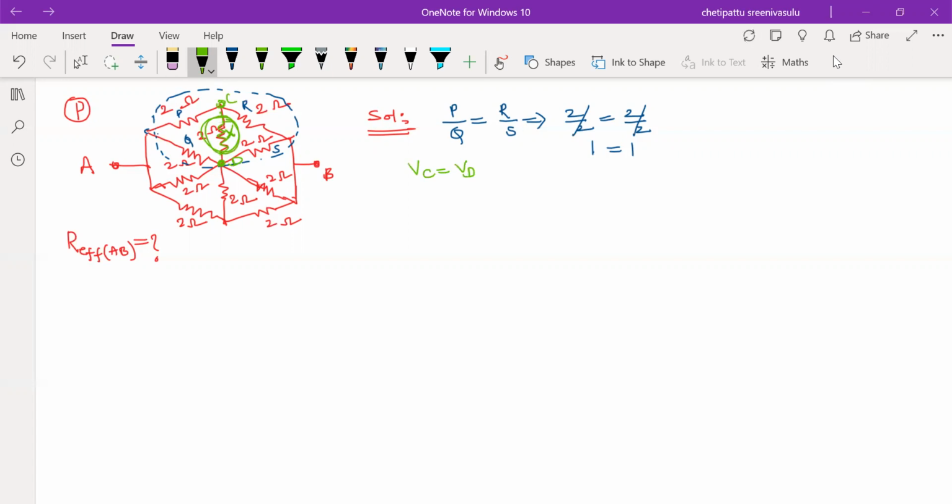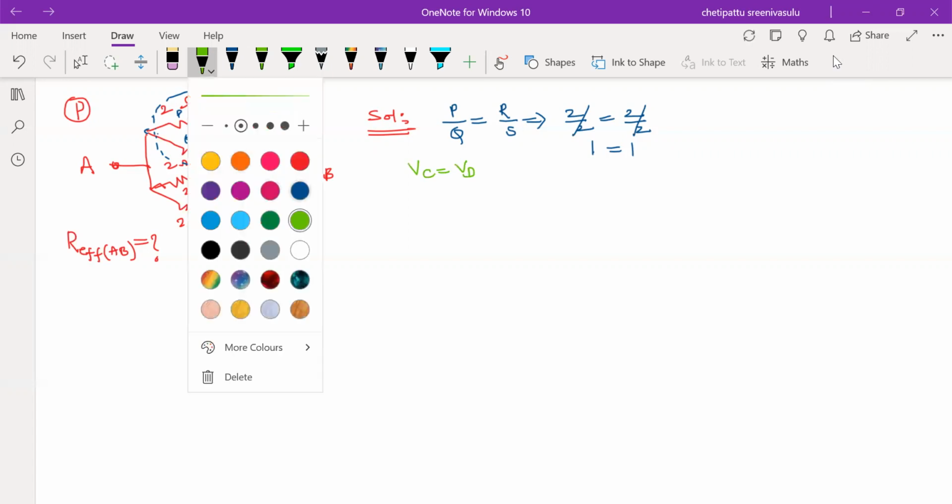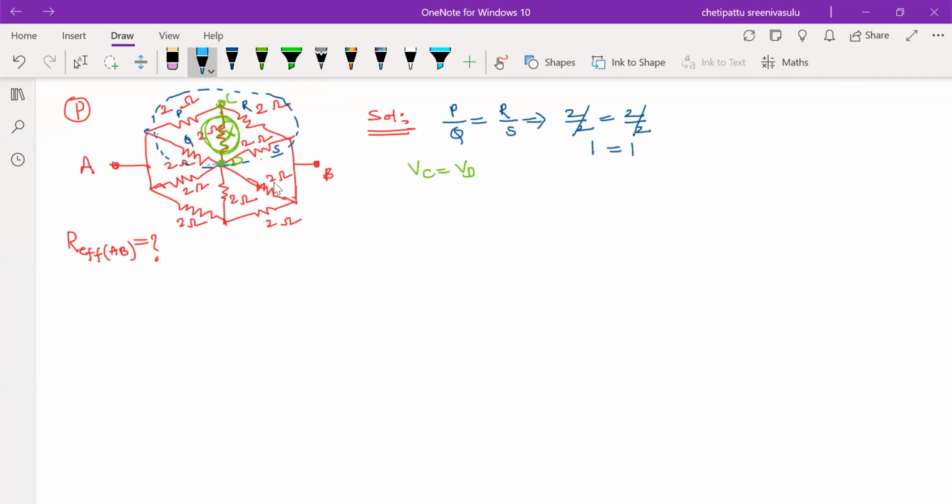In the same manner, observe this another circuit here. This portion also obeys it. This is assumed as P, this as Q, this as R, and this as S. Here P by Q equals R upon S. That means this is 2 by 2, 2 by 2.